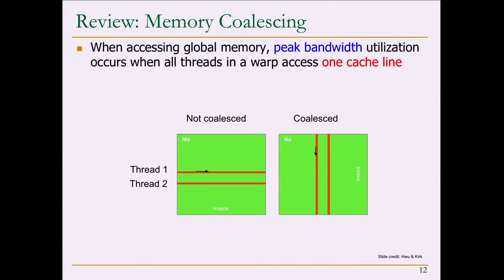So that's why usually strided accesses are bad for GPU performance, because depending on the stride that we have, we might need to access more cache lines. For example, a stride equal to 2 means that each warp will access 2 cache lines. So essentially, this means 2 memory transactions, right?